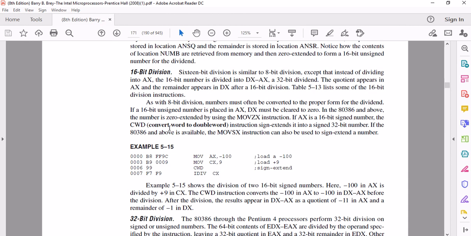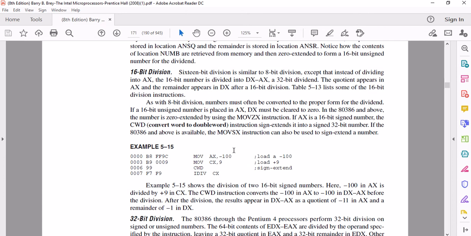But in 8086 and above, the number is 0 extended by using MOVZX instruction. If AX is a 16-bit number, then the CWD instruction sign extends it into a 32-bit number. So the CWD instruction will be used for higher processors.